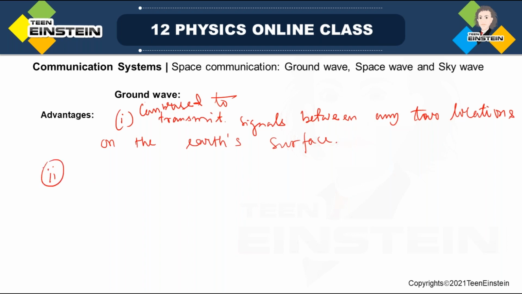Then second thing is that the ground waves are relatively unaffected by the climate changing, okay, because they are on the earth surface.